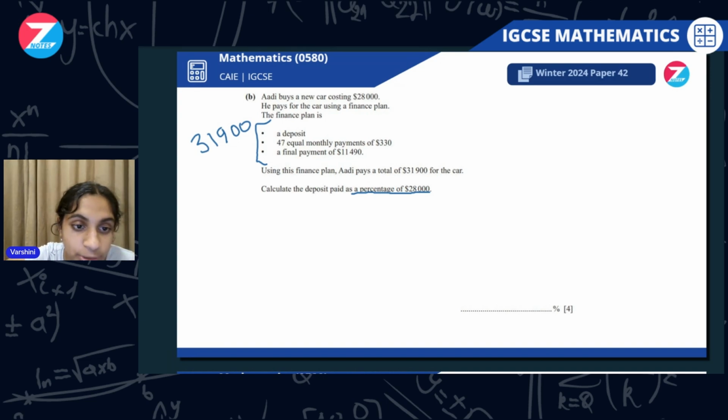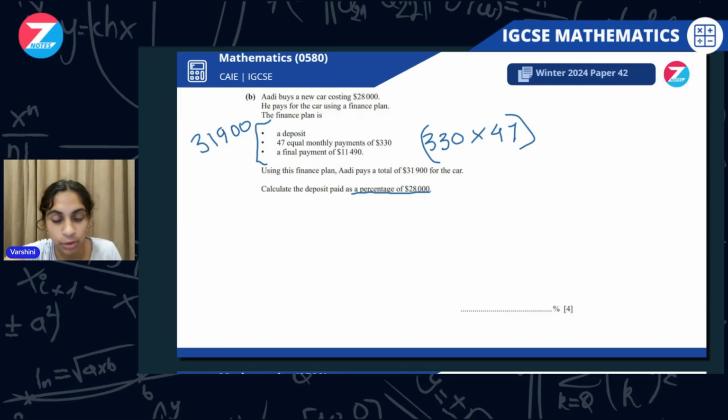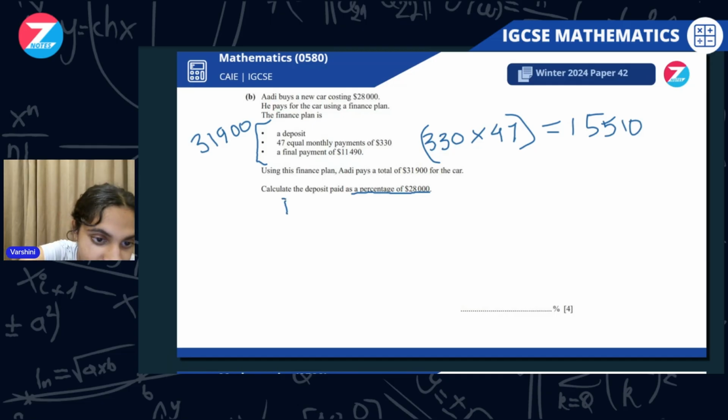And we know that 47 equal monthly payments of 330 will just be 330 paid 47 times. So we can just calculate that in our calculator just to not overcomplicate anything. And we'll get 15510. So now to calculate the deposit, we're going to make this a variable.